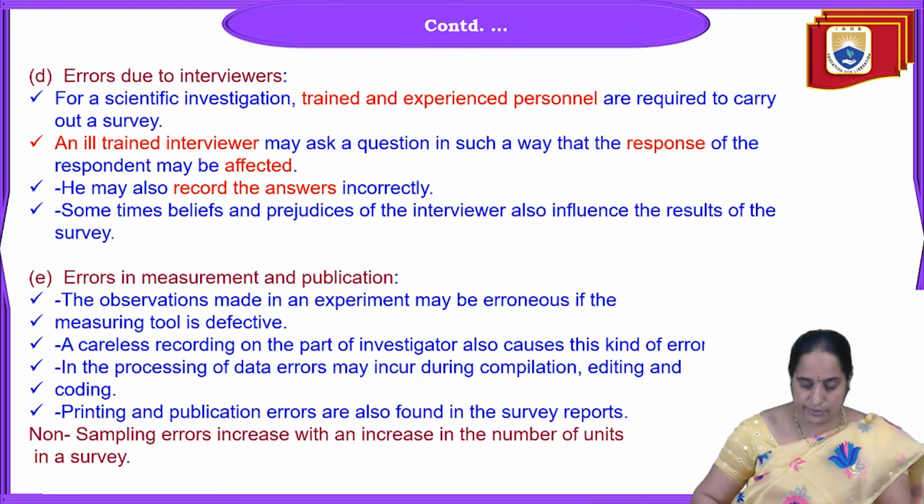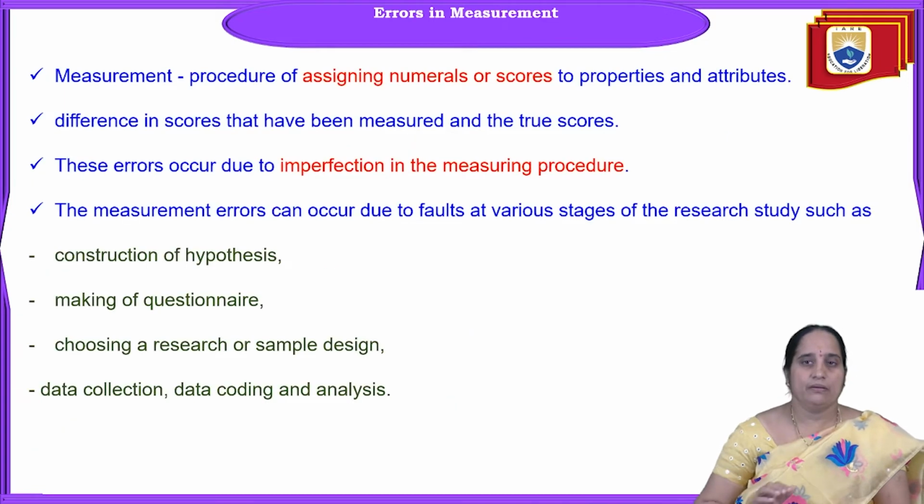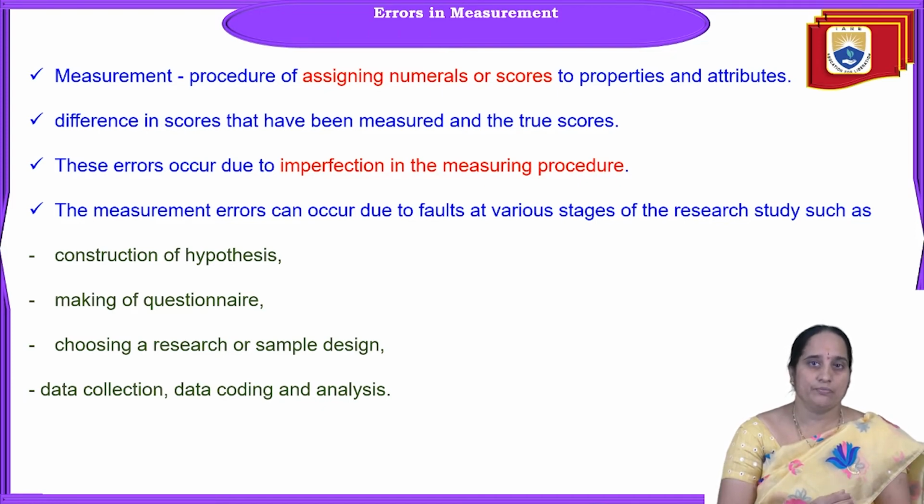Then the next type of errors we can find is in measurement. Measurement is the procedure of assigning numerals or scores to properties or attributes.